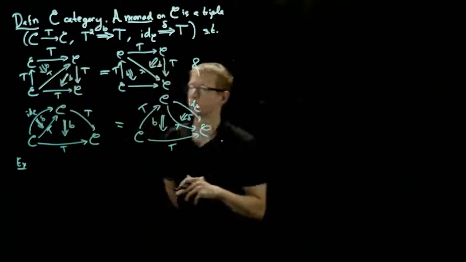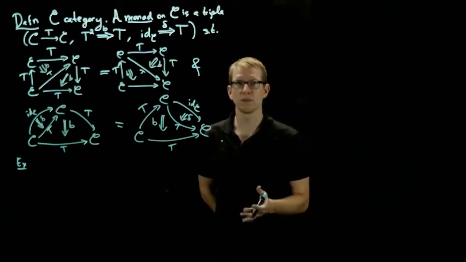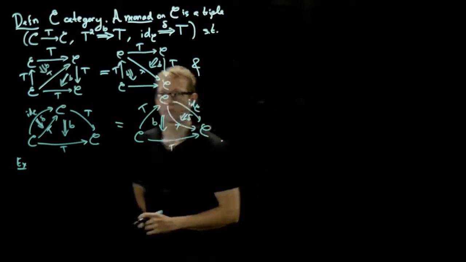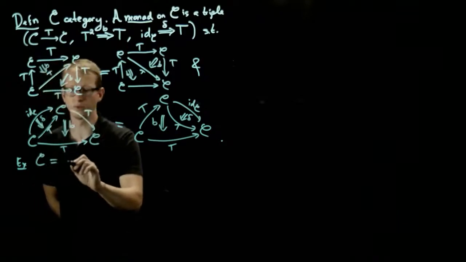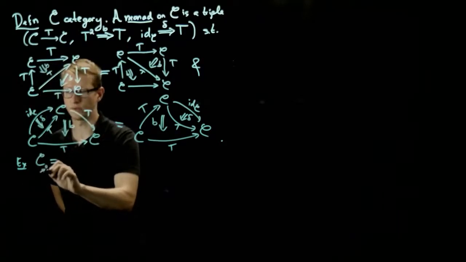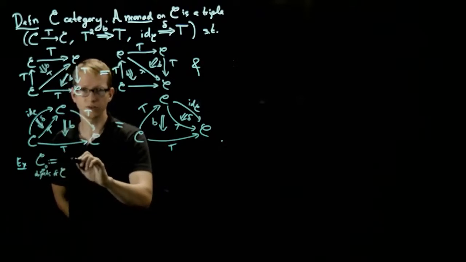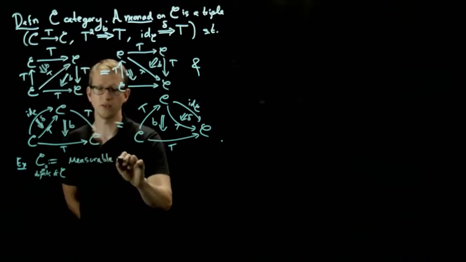Now, the only slightly unfortunate thing about this example is that you do need to know a little bit about measure theory, which I'm going to assume you know for this video. So let's take C to be the category whose objects, so this for me denotes objects of C, are measurable spaces.